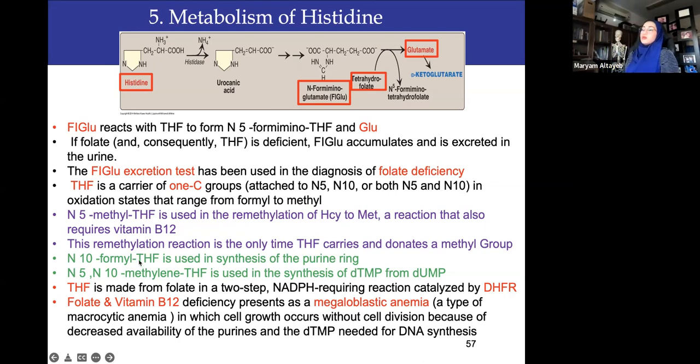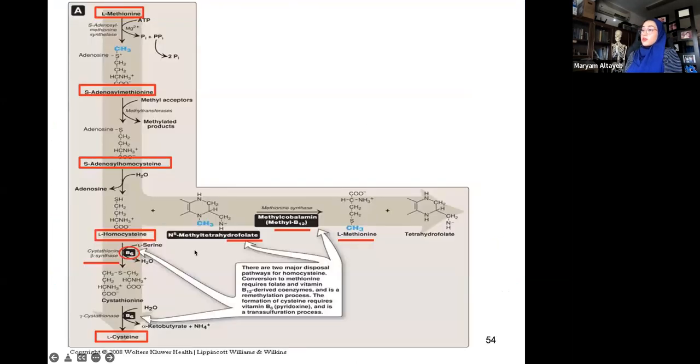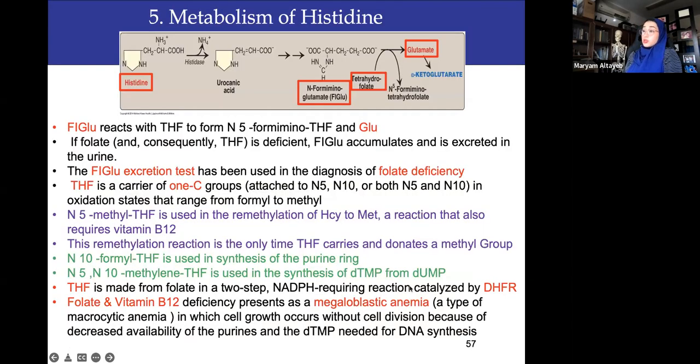Okay, so as mentioned here, the N5-methyl THF is used in the remethylation of homocysteine to methionine, a reaction that also requires vitamin B12. All they're saying here is that this N-formimino compound is required here to form tetrahydrofolate and methionine. That's exactly what we already said. They're just mentioning it in words.